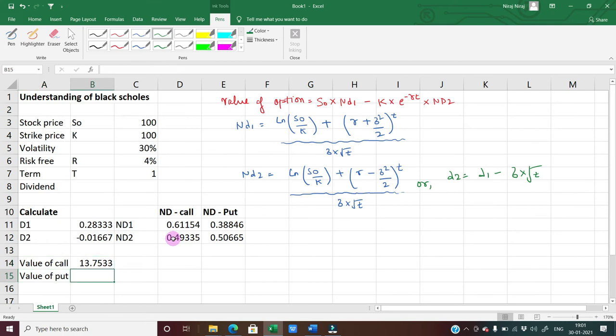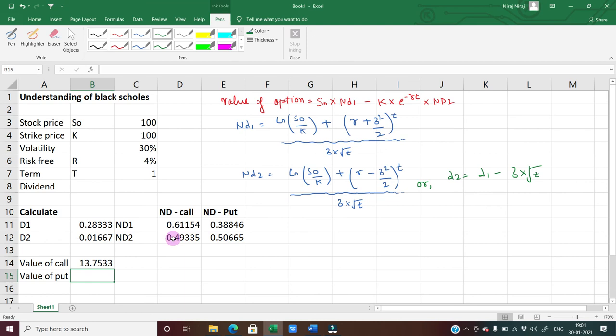If I have to calculate the value of the put, the only change in the entire formula is the way ND1 and ND2 are calculated. In that case ND1 and ND2 will be calculated by taking minus of D1 and minus of D2, and the formula will be just the reverse of it.